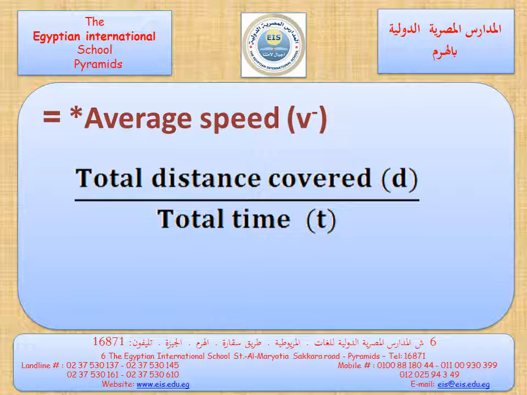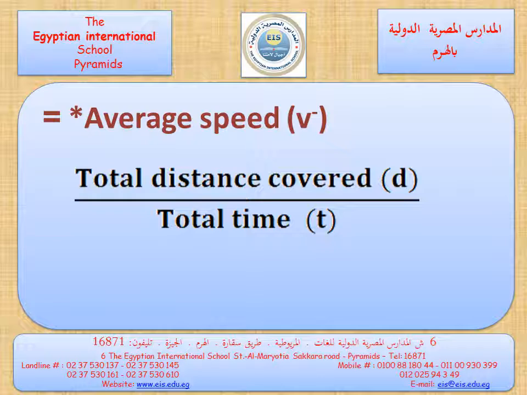And the symbol of average speed is V dash, to differentiate between the symbol of speed, which is V, and the average speed, whose symbol is V dash.